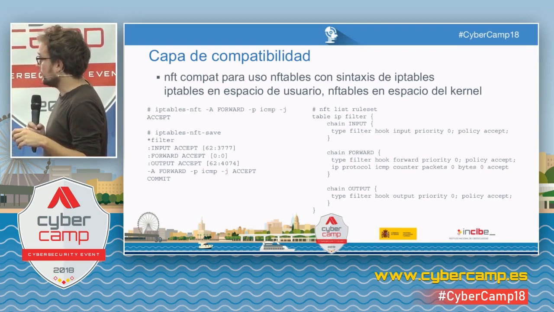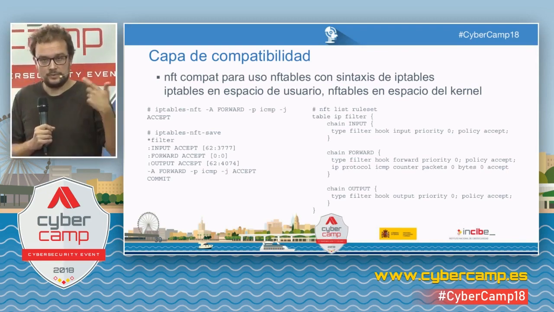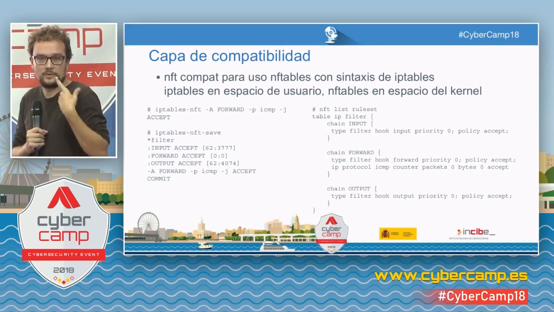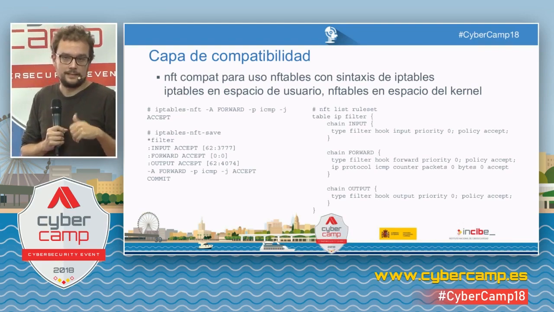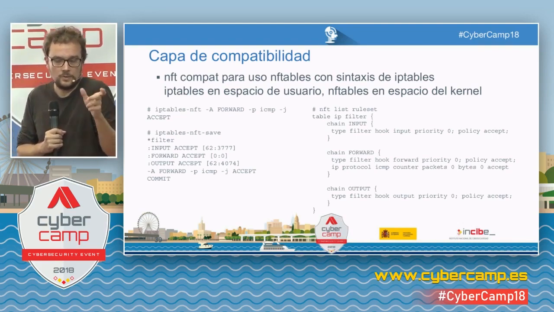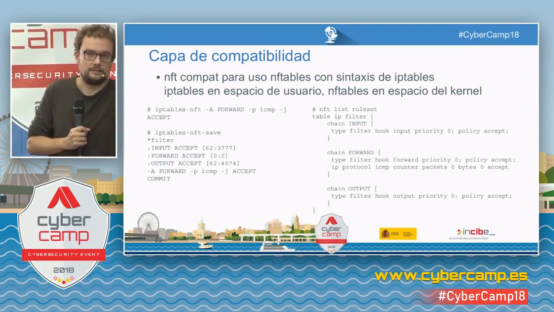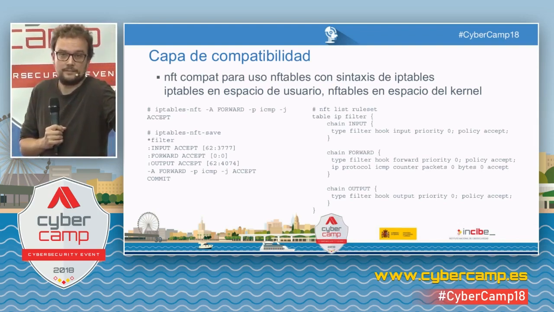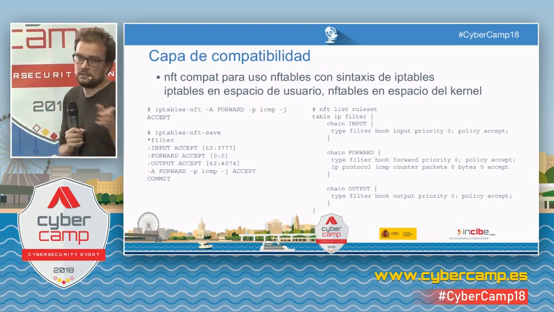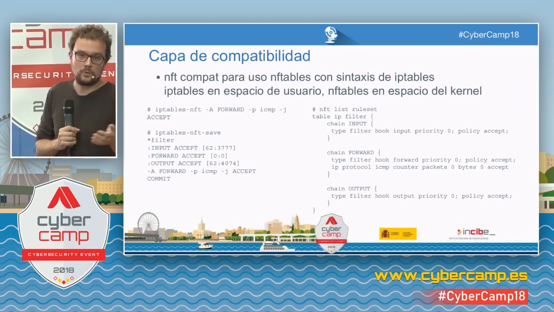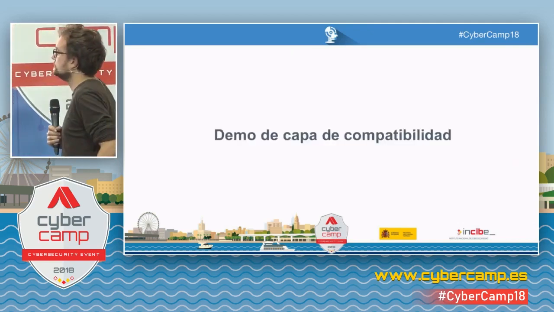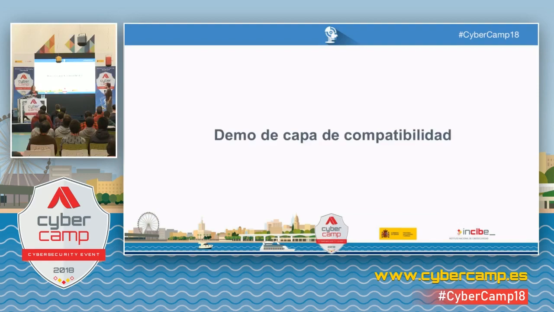You won't understand what comes first or last, so that's not recommended. But the system still warns you. It tells you, hey, you're mixing NFT here with iptables legacy, just so you realize that you should do the classic iptables-save to see the firewall rules, making it simpler for users to dare to migrate.